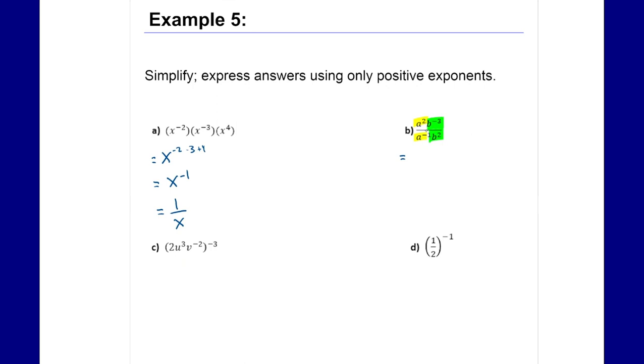So a squared divided by a to the power of -1, we subtract, that becomes a to the power of 2 minus -1, or a to the power of 3. For b, b to the power of -3 minus 2 is b to the power of -5. And now to get a positive exponent, I bring my b down, so it becomes a cubed over b to the power of 5.